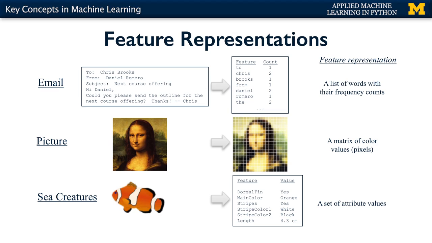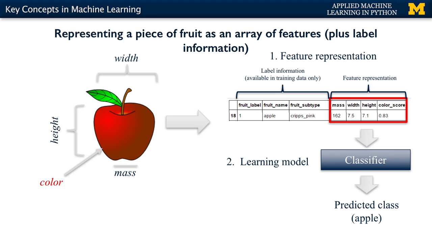You can visualize it easily as a table, where each row of the table represents a single data instance, and where the columns of the table represent the features of the object. There could be many different choices for how to represent an object using features. So, for example, I showed you a piece of fruit. Let's pick up a lemon. A lemon has a shape, a width, a height. It also has mass, taste.